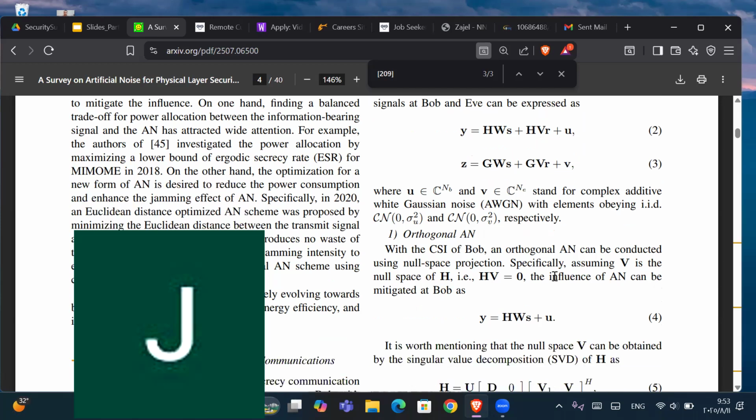Now, how can I add the noise in such a way that it's orthogonal to Bob's reception? If it's orthogonal to Bob's reception, in this case, what happens?